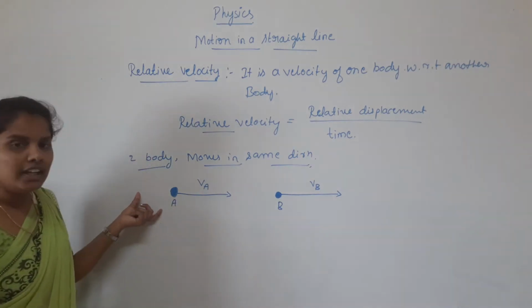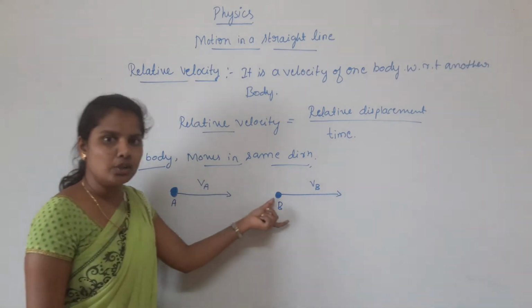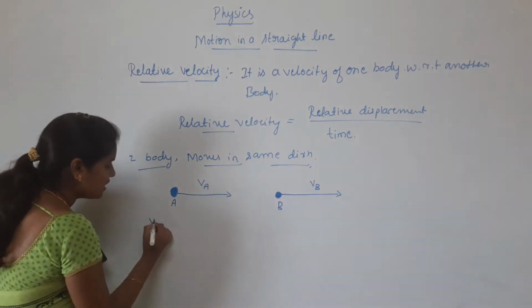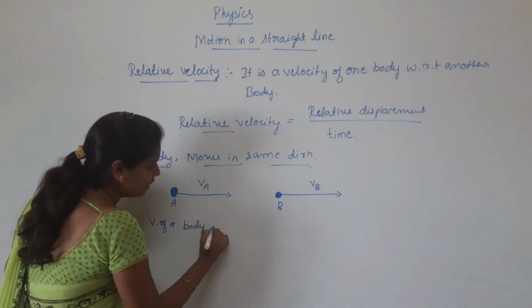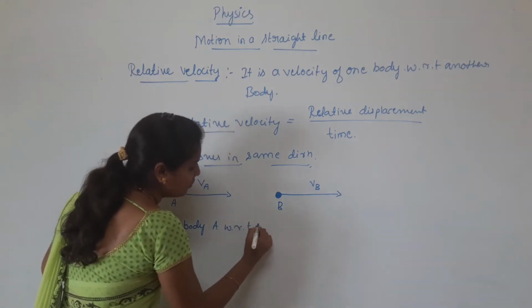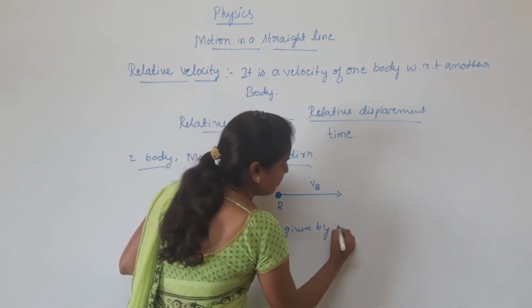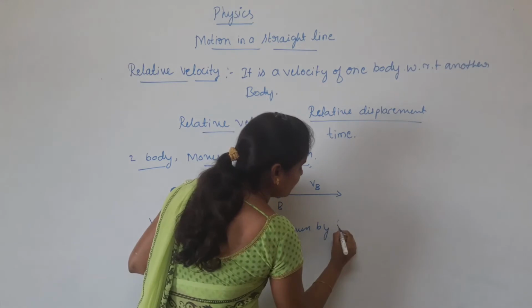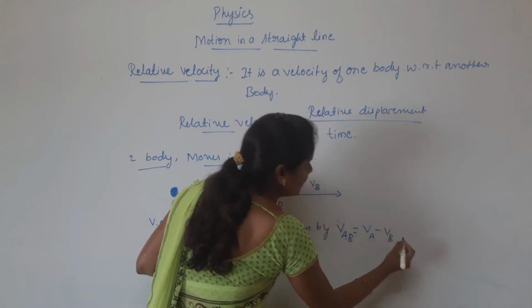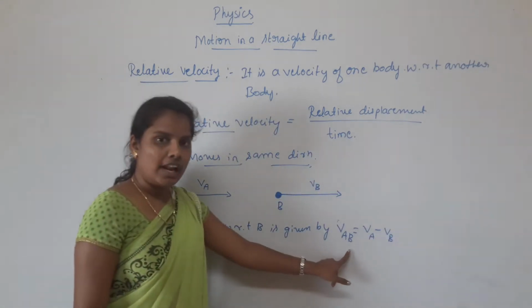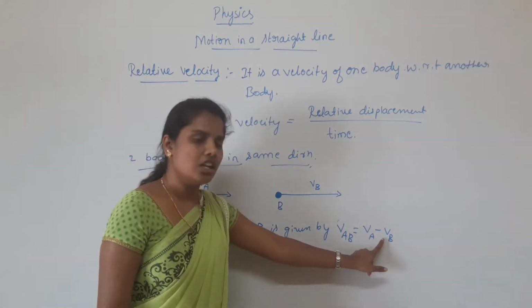Here, the relative velocity of body A with respect to B is written as VAB equals VA minus VB.